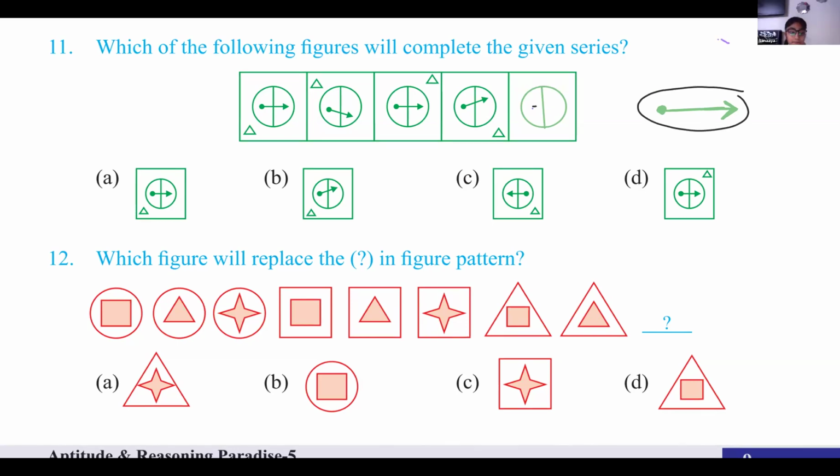A. Yes, that's correct. Inaya, just let us know when you're there.